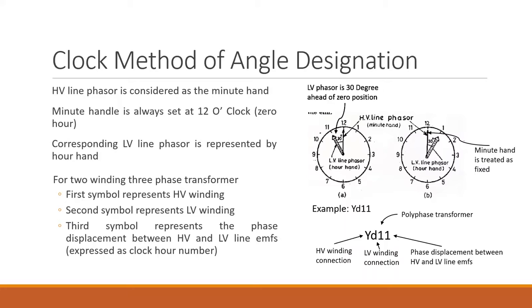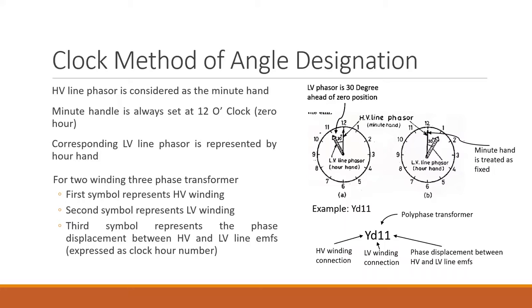Whenever you come across such a symbol, YD11 or YD something else, it represents a polyphase, that is, a three-phase transformer. In the case of a single-phase transformer, we have not discussed anything like this. In this case, because star connection and delta connection are involved, it may also be an inter-star connection or zigzag connection that is involved.